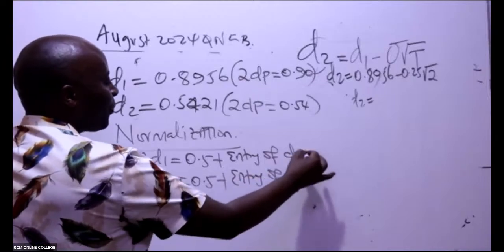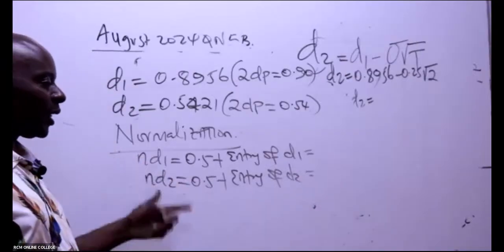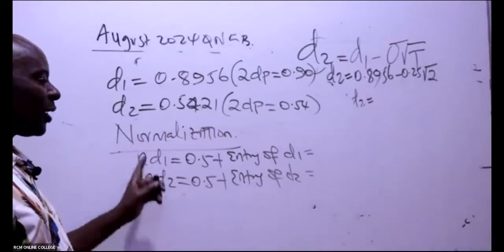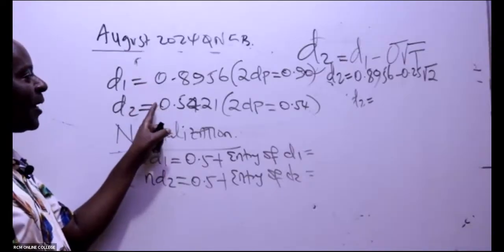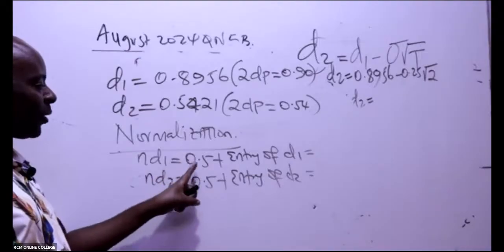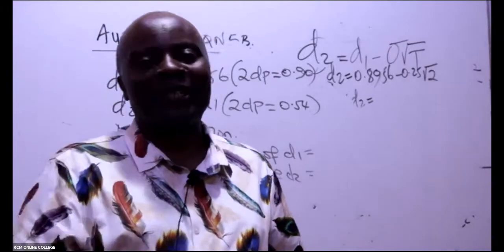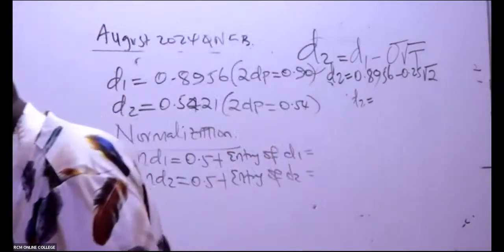If you're using a calculator, it's quite fast. Why am I saying plus? Because the figures are positive. If D1 was negative, then I would have said 0.5 minus the entry of D1. Our figures here are positive.